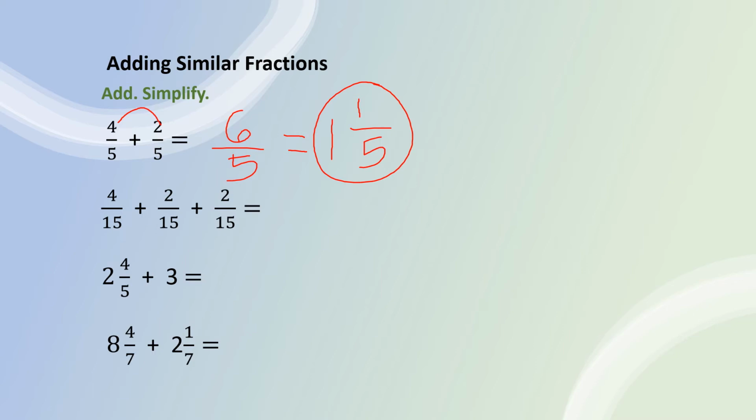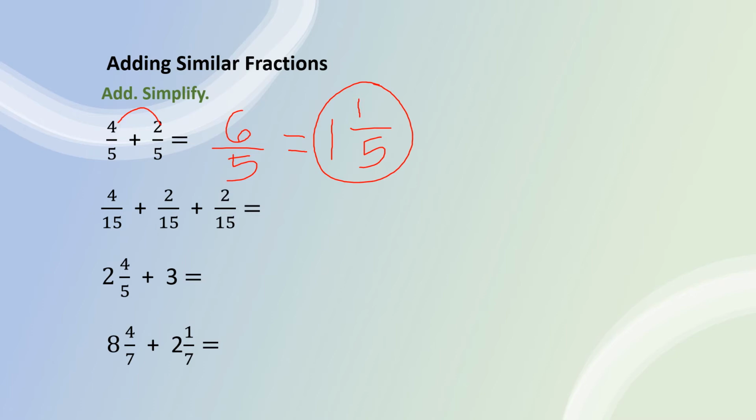Let's go to the second example. In here we have 3 addends. So we have 4/15 plus 2/15 plus 2/15. Remember, if we have the same denominator, then we can add the fractions by adding the numerators.